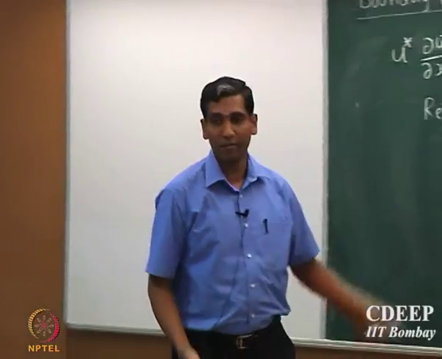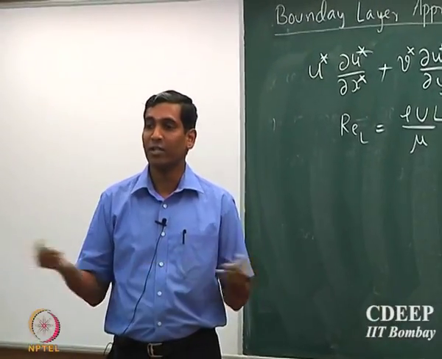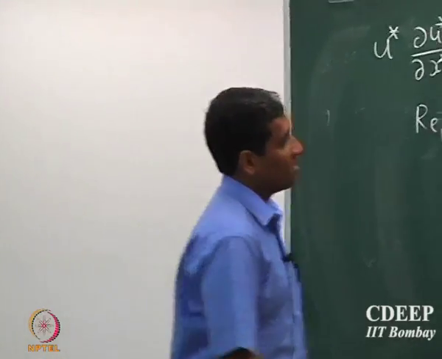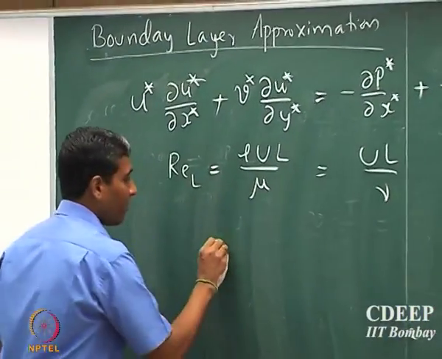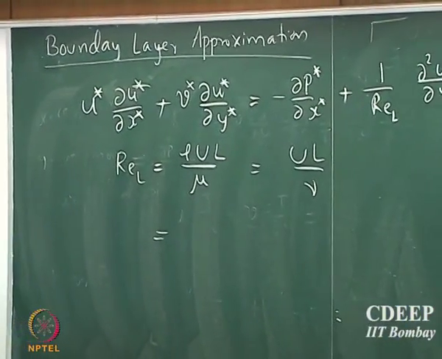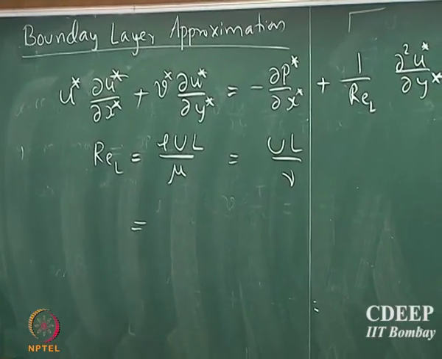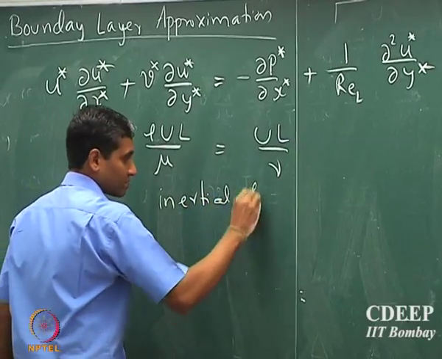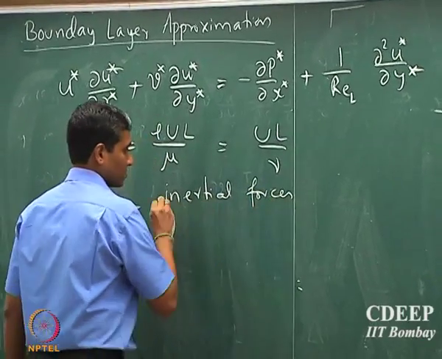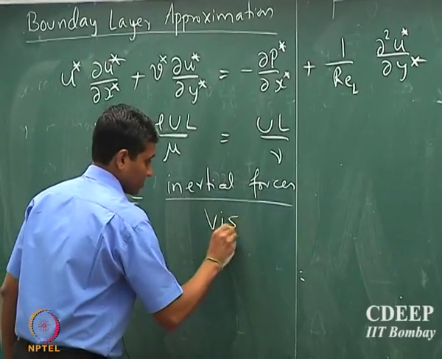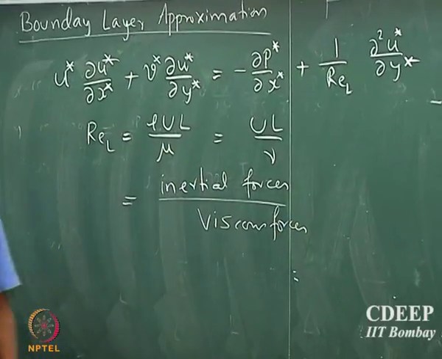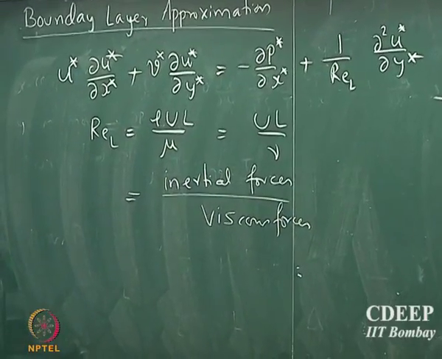So this Reynolds number will tell you what is the transition from laminar to turbulent flow. Reynolds number is the ratio of inertial over viscous forces, the ratio of inertial over the viscous forces, okay.